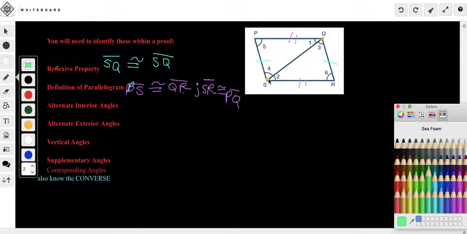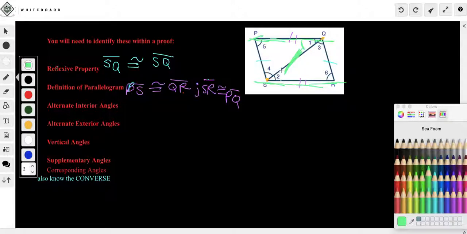So if I am dealing with this SQ right here, and these two parallel lines, if this is my transversal and these are my two parallel lines right here, then these are going to be the interior angles. We have interior angle right here 2, interior angle right here 1.